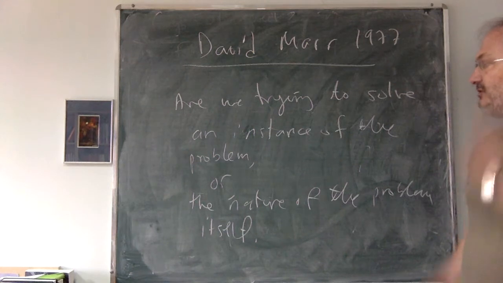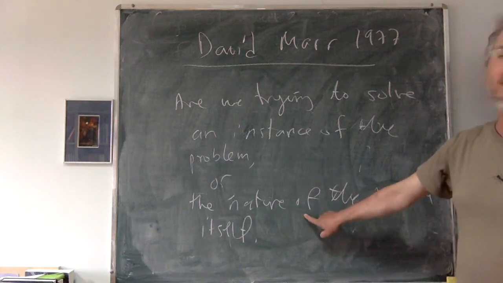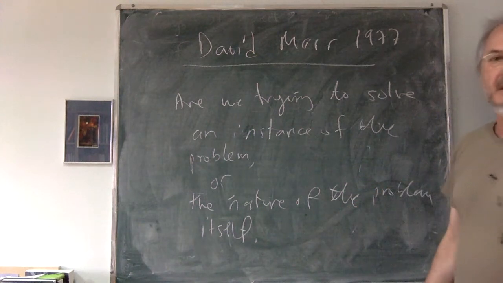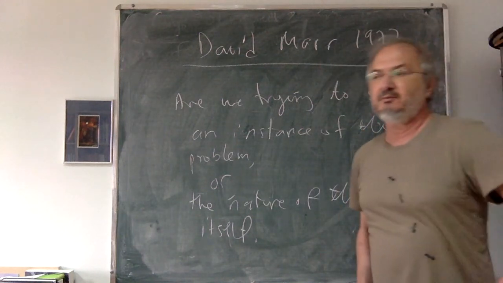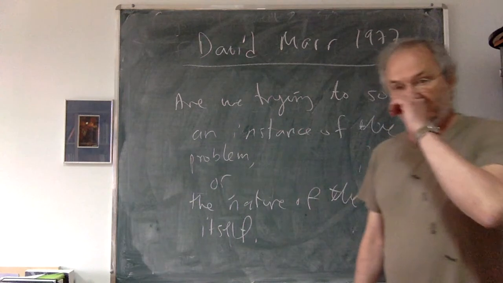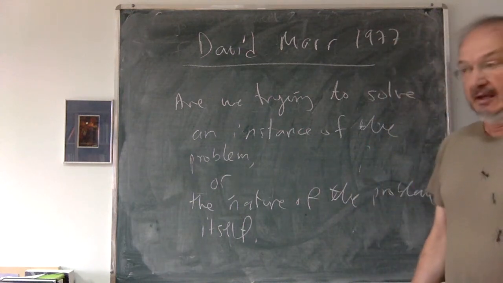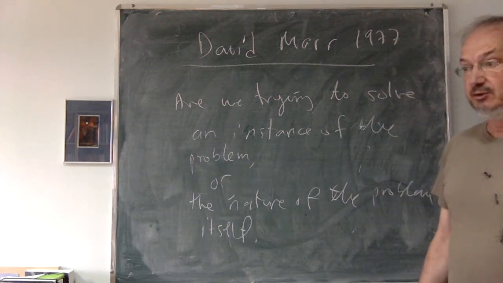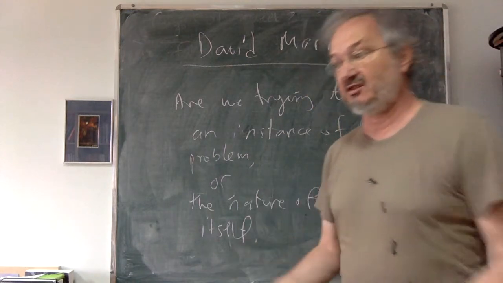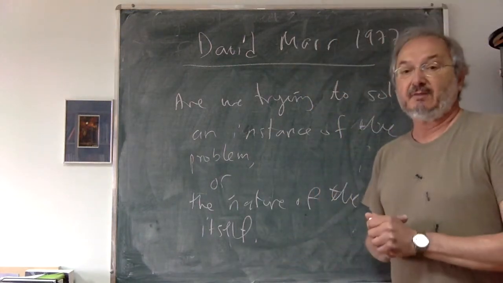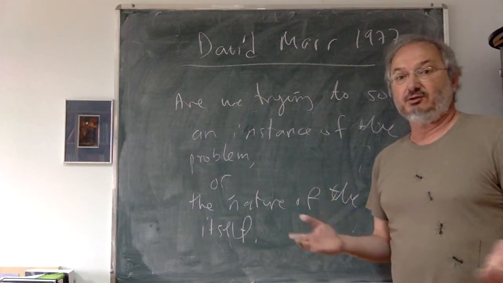And he said, well, if you're going to do this kind of an approach, if you're going to understand the nature of the problem rather than just an instance of the problem, you're going to have levels of explanation for that. And that's going to give you some tools to work with it, like having representations, having algorithms, having data structures. And of course, these things cannot do work by themselves.